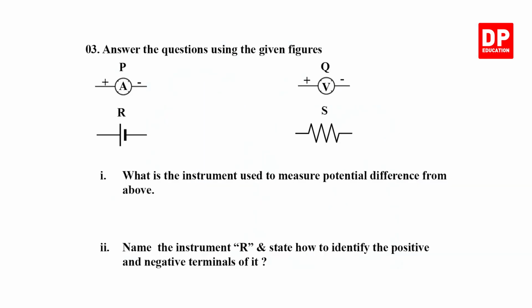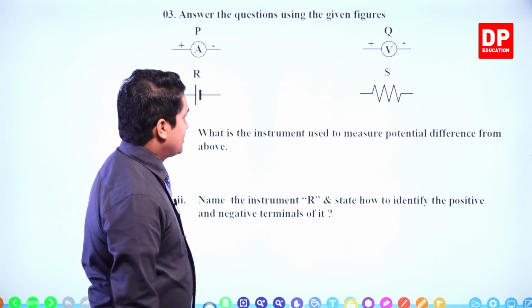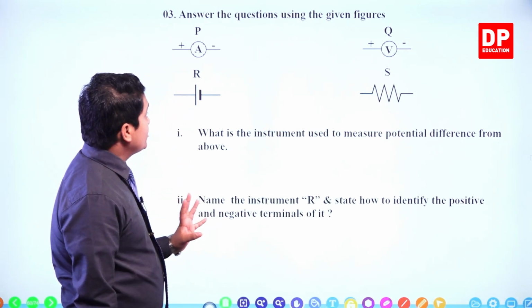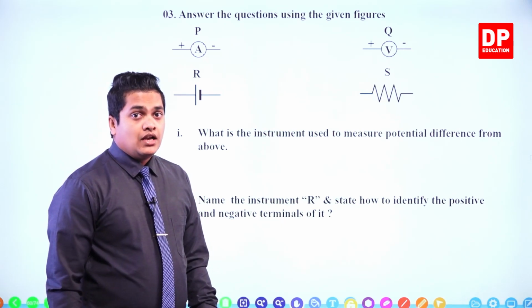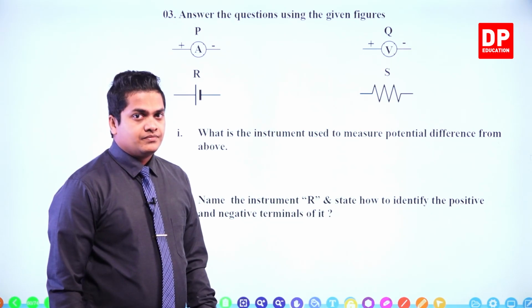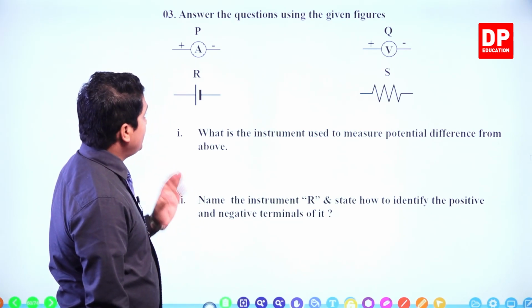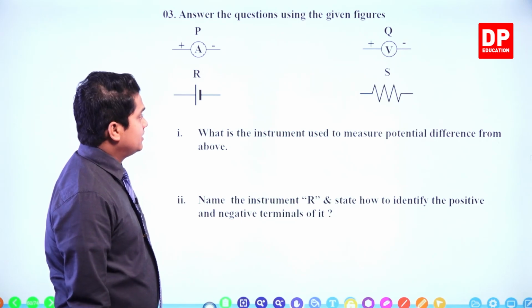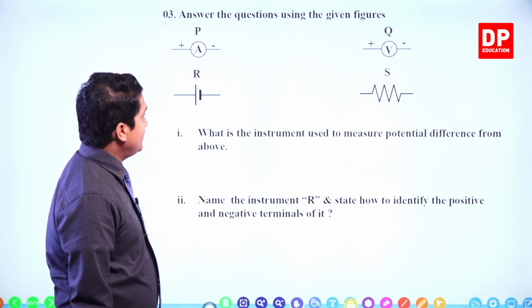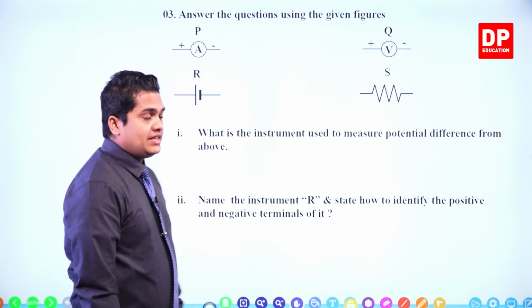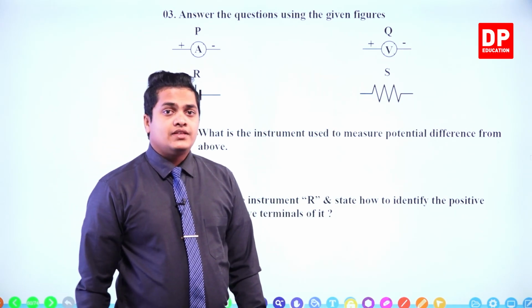Answer the questions using the given figures. So there are 4 figures given here. Right, my dear children? So in this question, you have to answer the given questions by using the diagrams given here. So there are 4 diagrams given, P, Q, R and S. Right, let's identify first of all what these instruments are.